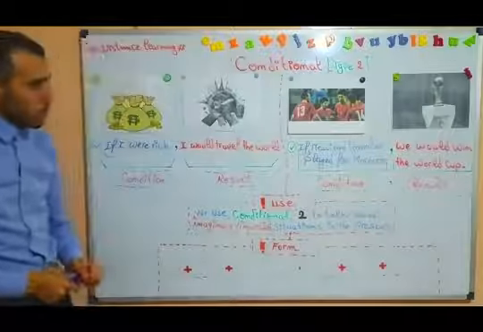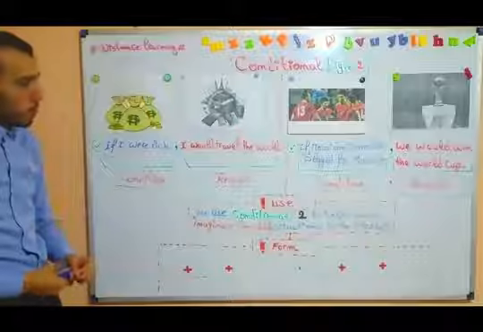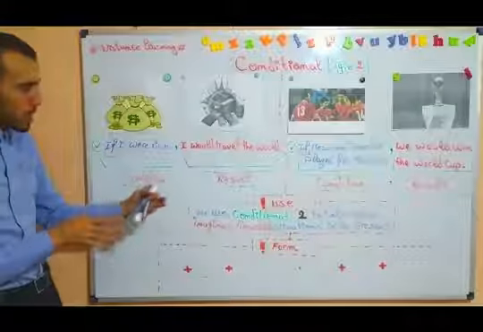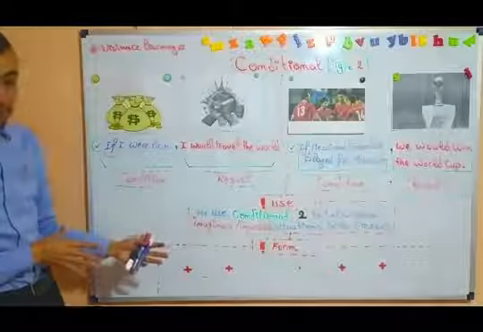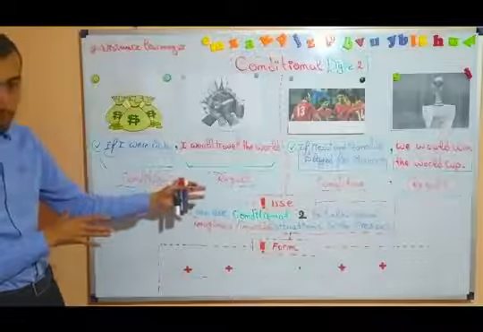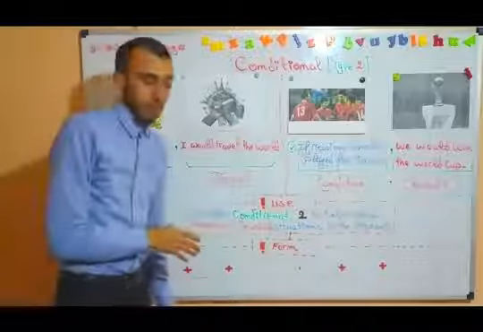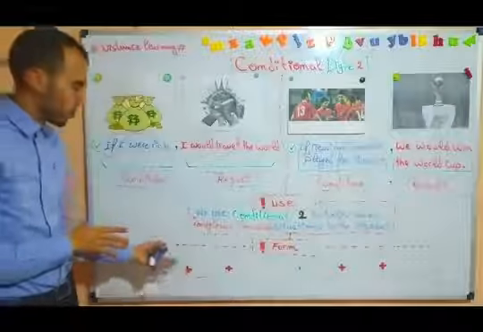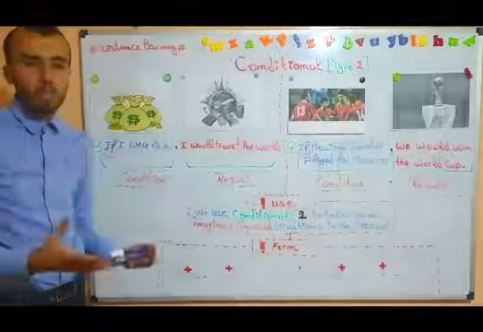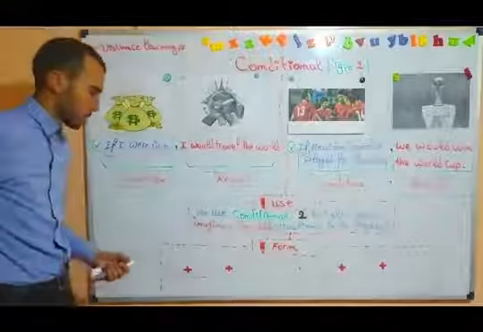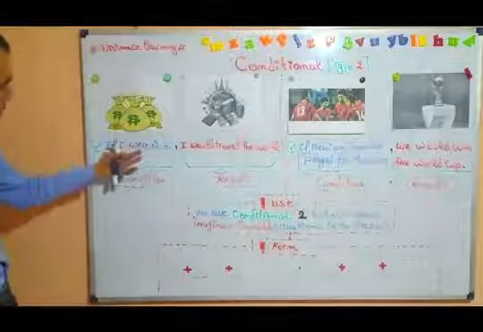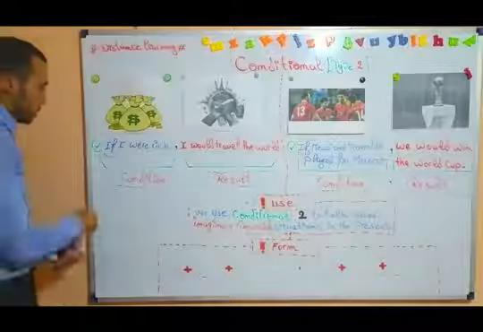Great. So, in terms of the form, we're going to focus now on the structure. We've discovered when we use conditional type 2. Now we're going to see how we use this structure or this form. Let's go back to our first example.